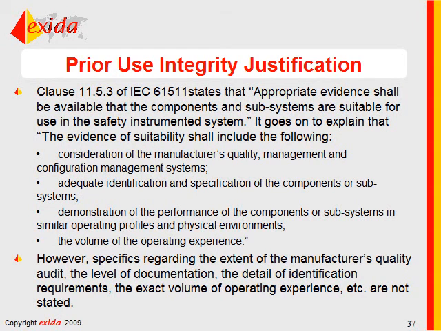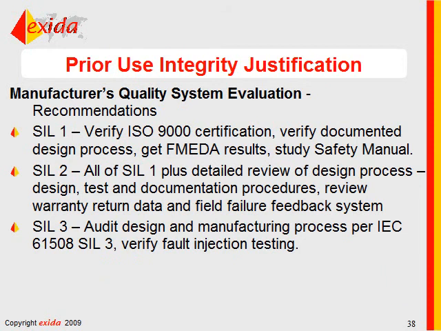So after a lot of discussions, we've got some recommendations for you. If you want to consider a manufacturer's quality system, for SIL 1, it's recommended that at minimum you verify ISO 9000 certified quality system, verify that they have a documented design process, get FMEDA results for the instrument, and study the safety manual.